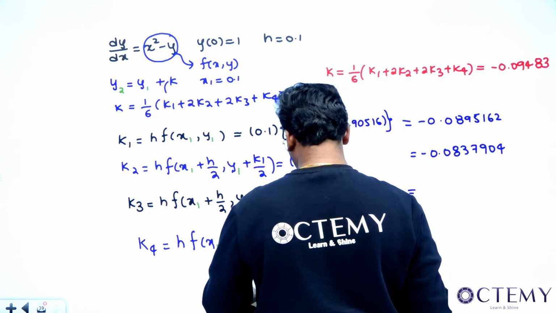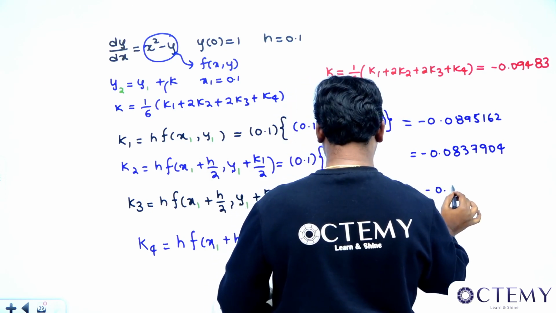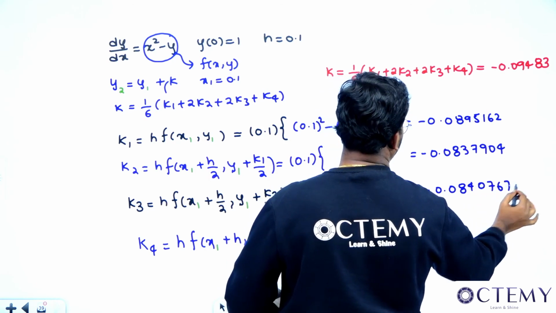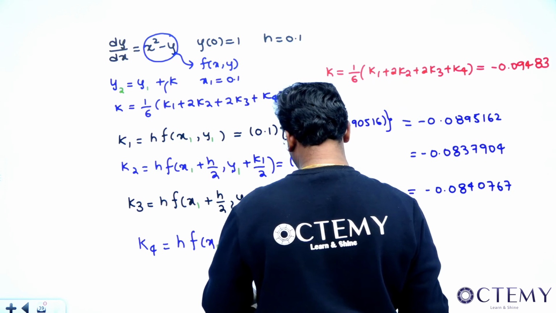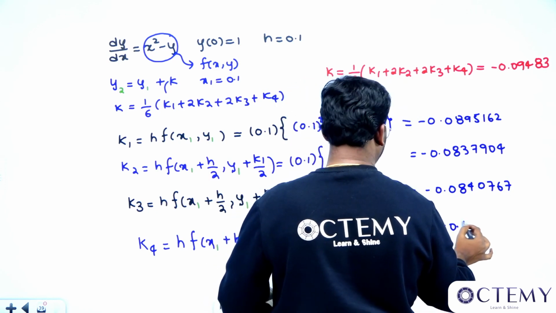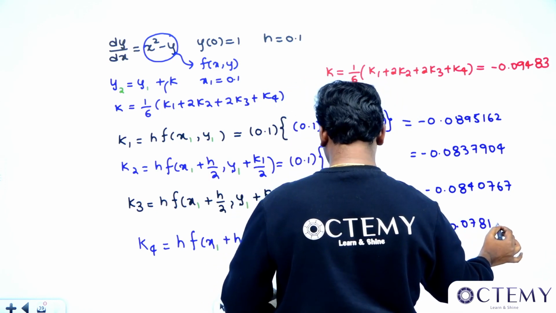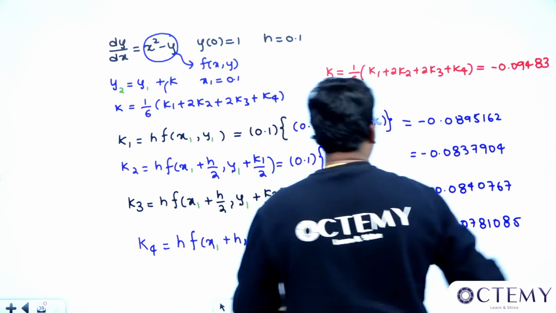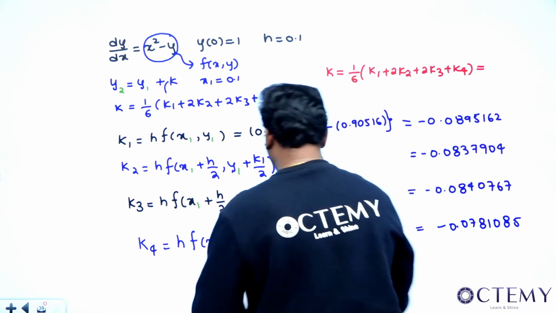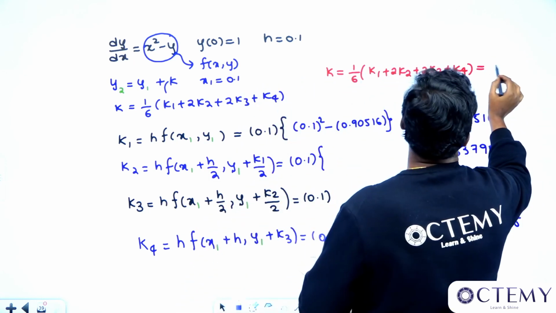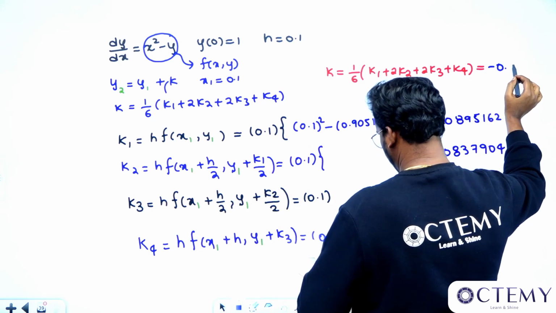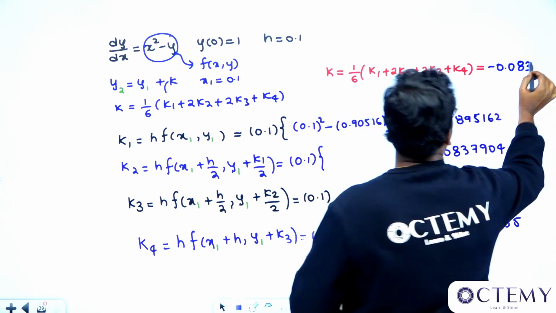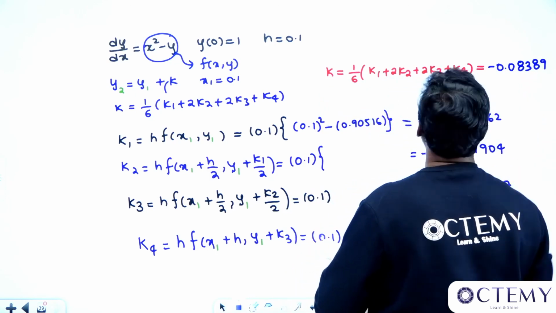Your K3 will become minus 0.0840767 and this will become K4, minus 0.0781085, which implies what your final K will become, sir? Your final K will become minus 0.08389. You try this, sir, you should get these answers.